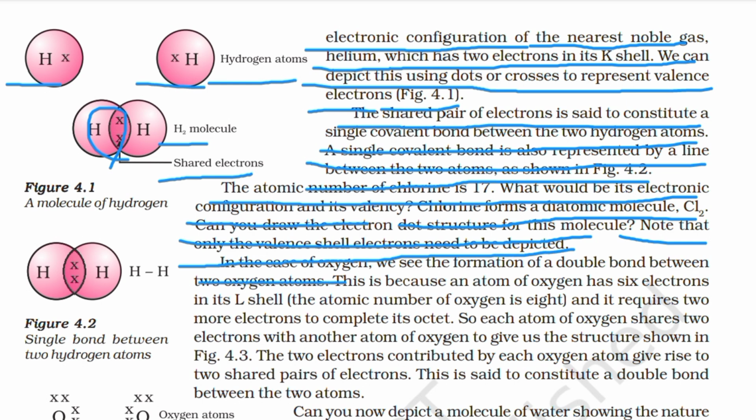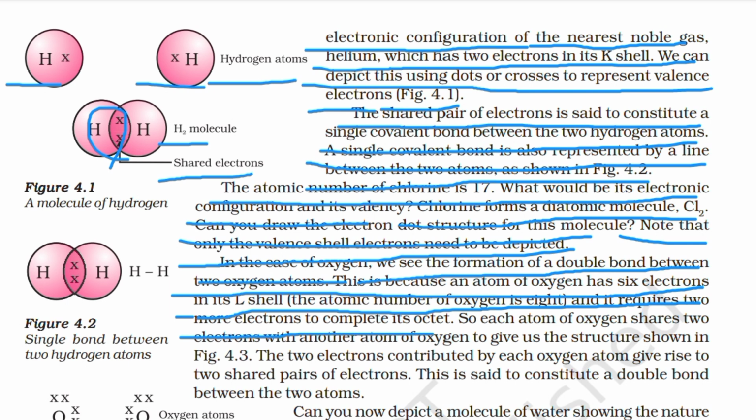In the case of oxygen, we see the formation of a double bond between two oxygen atoms. This is because an atom of oxygen has 6 electrons in its L shell. The atomic number of oxygen is 8 and it requires 2 more electrons to complete its octet.